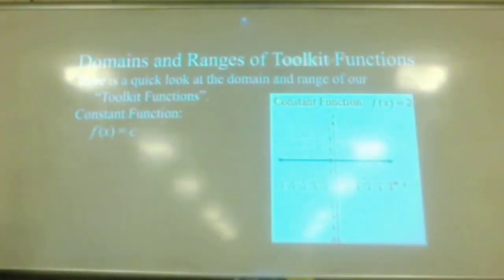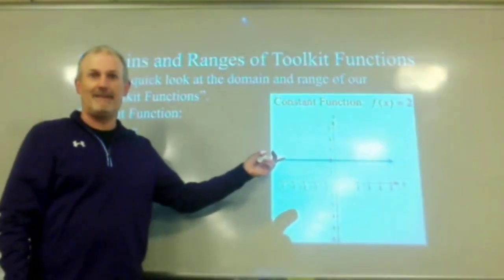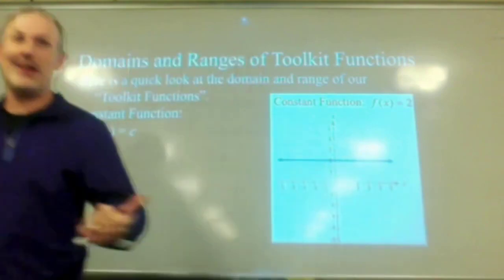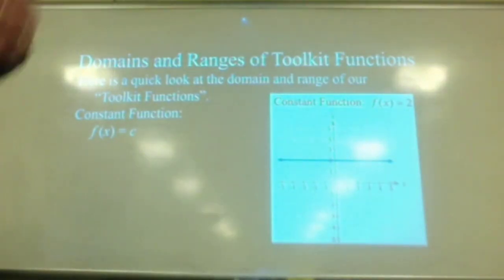So domain, left and right. What do you think about our constant function? And you got to pay attention to these arrows. The arrows mean that it keeps going, right? So how far to the left does it go? Forever. How far to the right? Forever. So negative infinity to positive infinity, right? All real numbers.